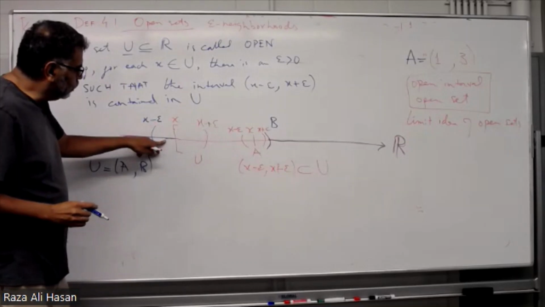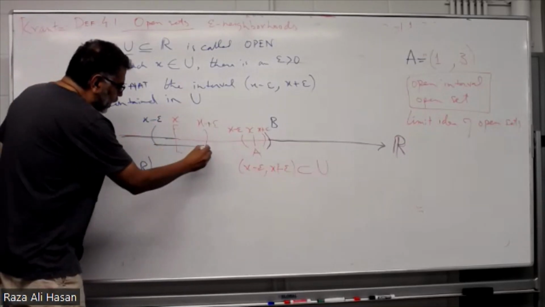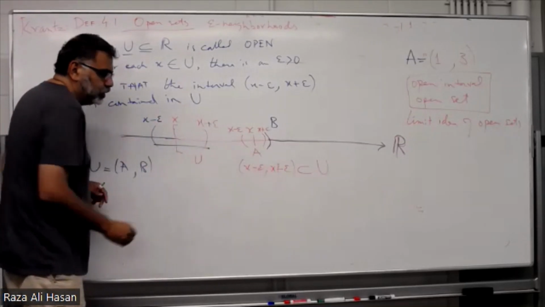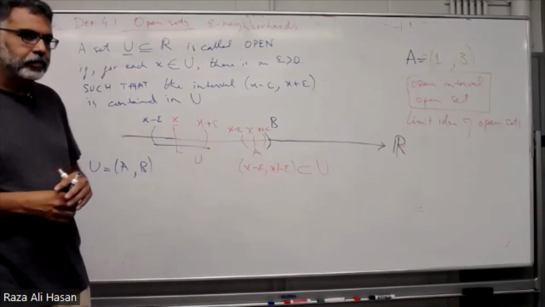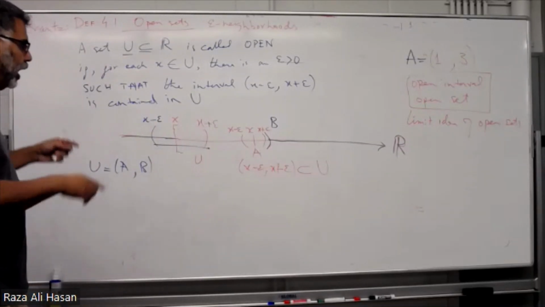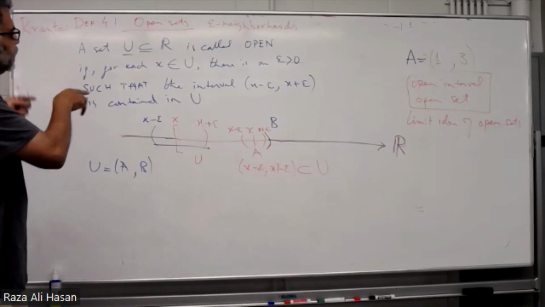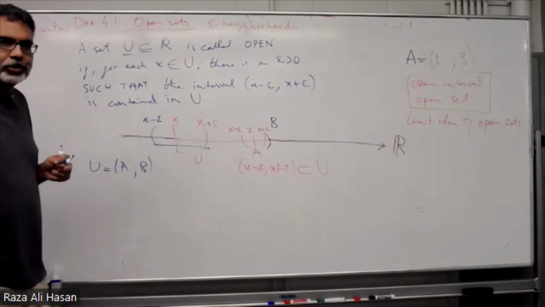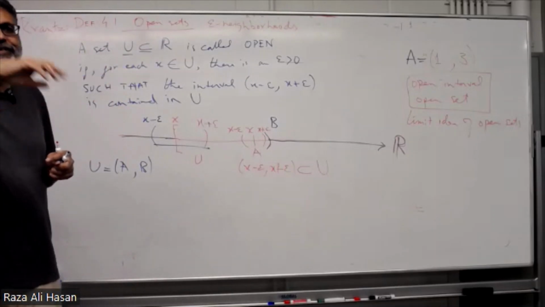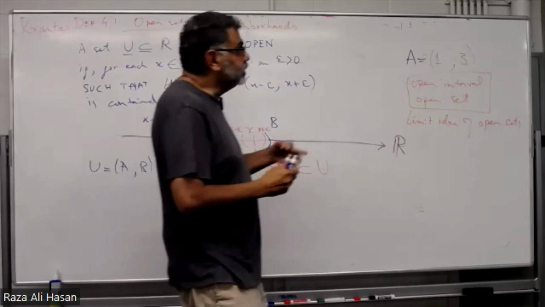X minus... and X, therefore, this guy is not contained in the set here, right there. So that's it. And this idea of open sets is what shows up in the proofs, not this simpler idea.